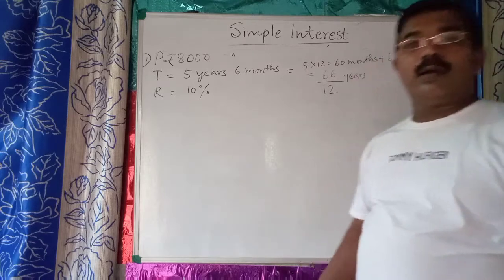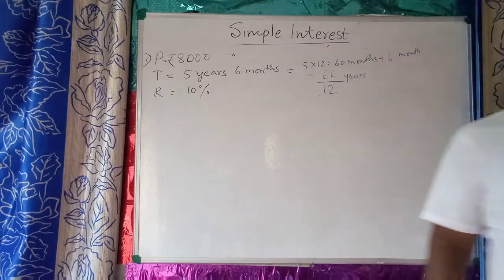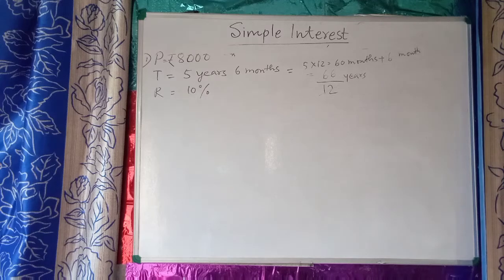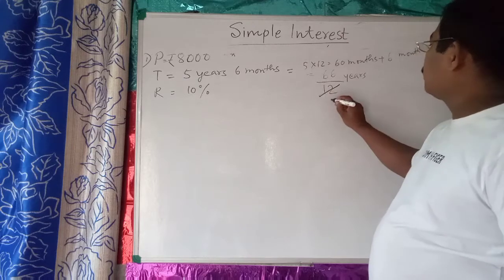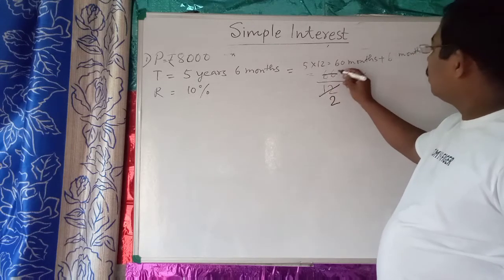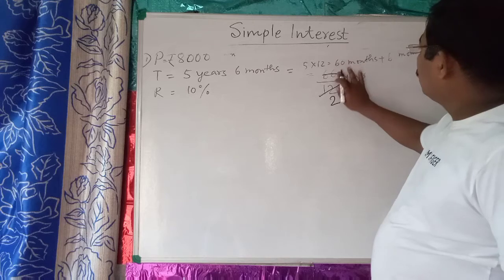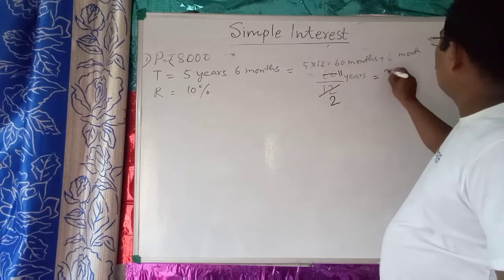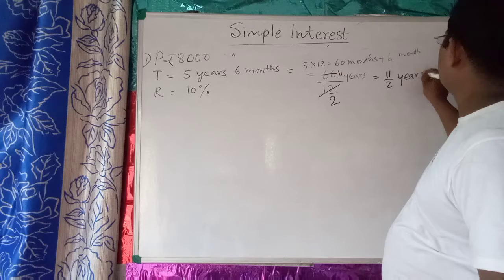You can divide and change it into the lowest form. You see here we divided by 6, so here it is 11 by 2 years.